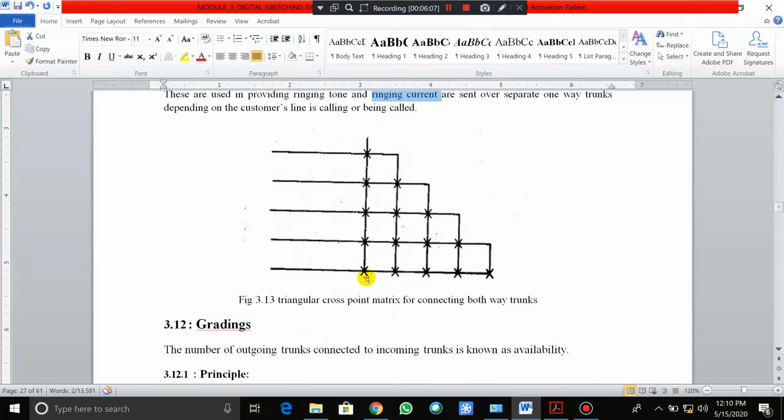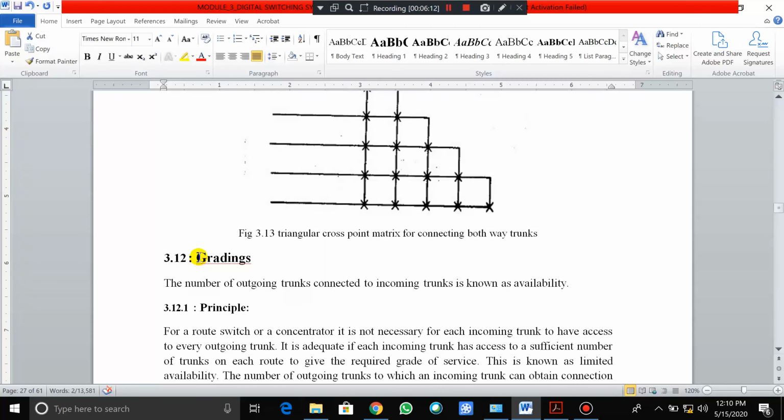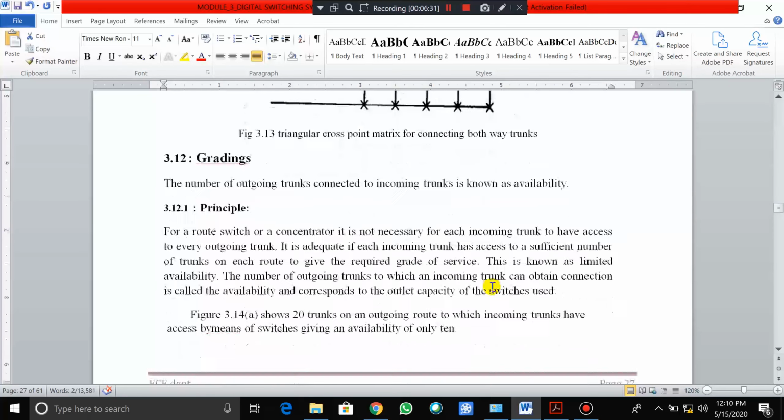Next, this is a triangular crosspoint matrix for connecting both-way trunks. This is the representation of the triangular crosspoint matrix. Next, grading. The number of outgoing trunks connected to incoming trunks is known as the availability. That means how many trunks are going out and how many are coming in.